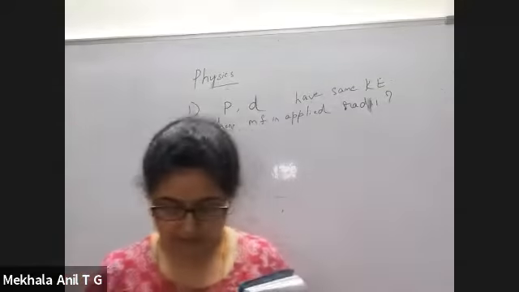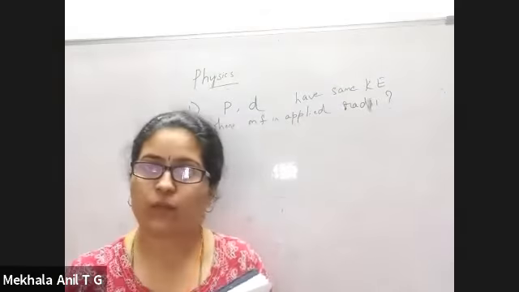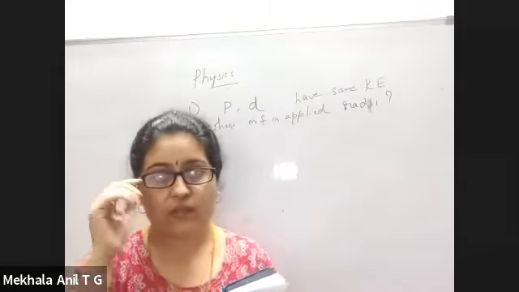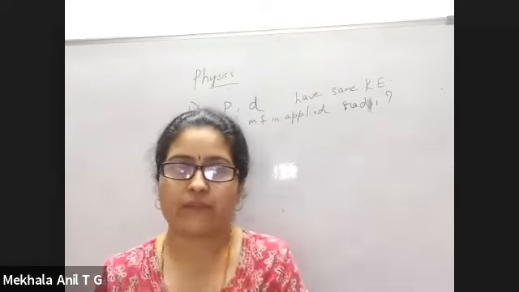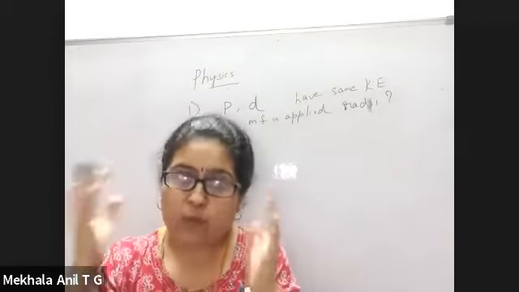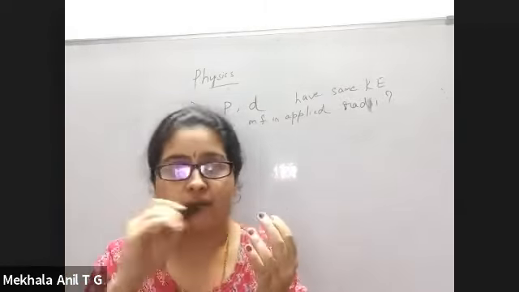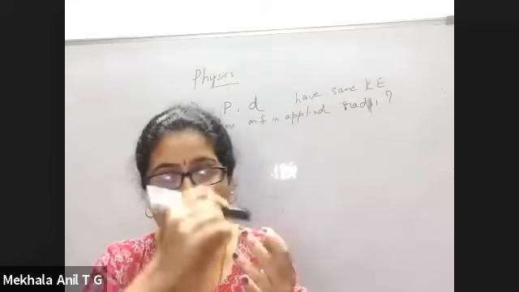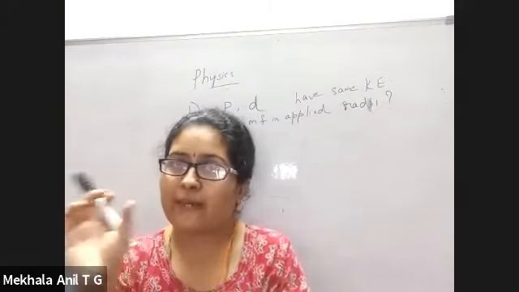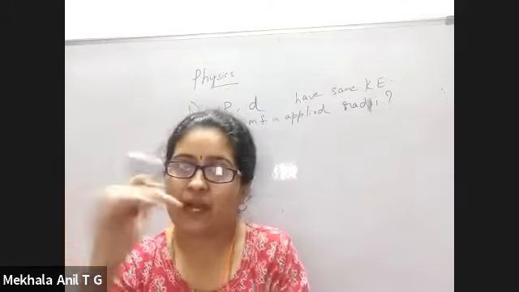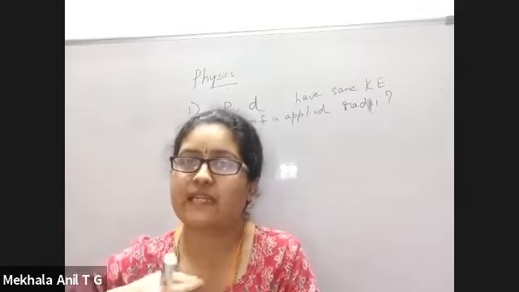Now, one more thing I want you to understand is, whenever you are entering any exam, you should never memorize everything, this formula, that formula, 1, 2, 3, 4, like that. Don't memorize the formulas. Keep the basic things ready, and you can derive them in a minute.